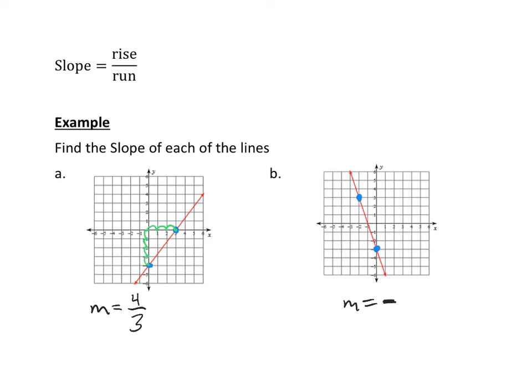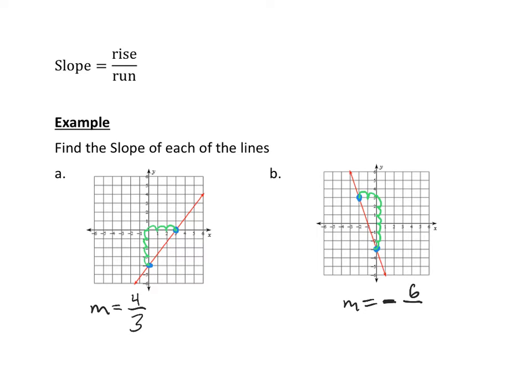So how would we get from one point to the other? Well, I could think about, I need to rise 1, 2, 3, 4, 5, 6 places. So rise 6, and I would need to run to the left 2 places.